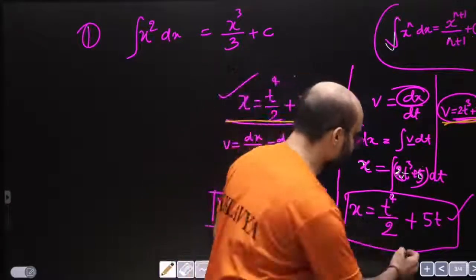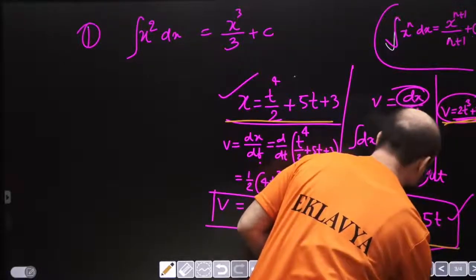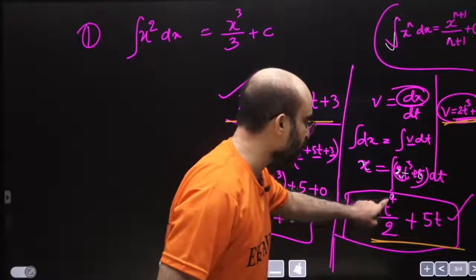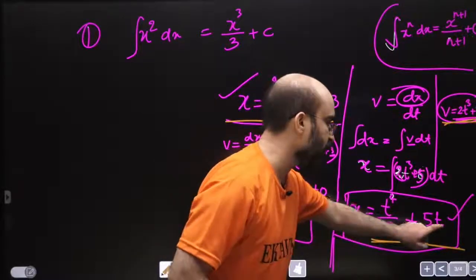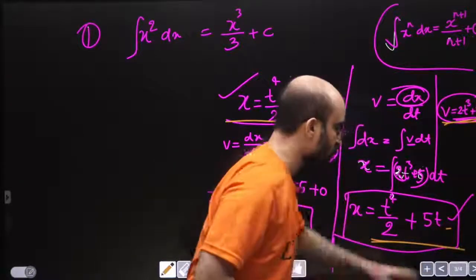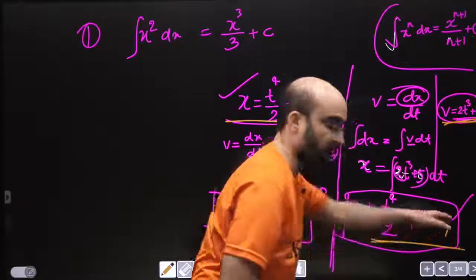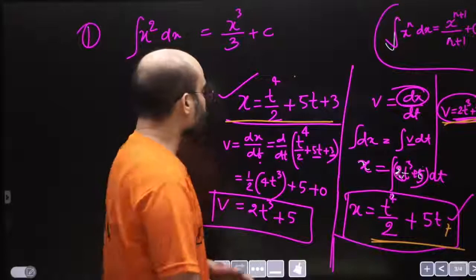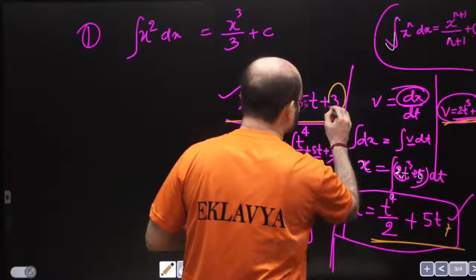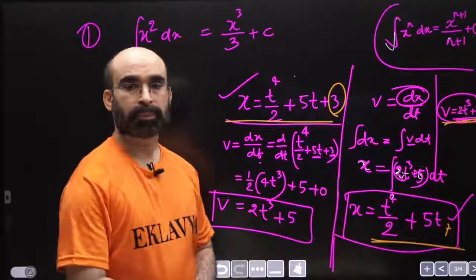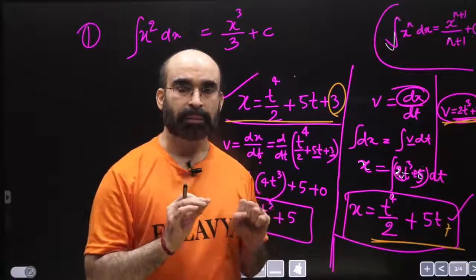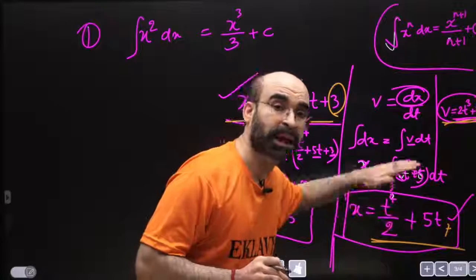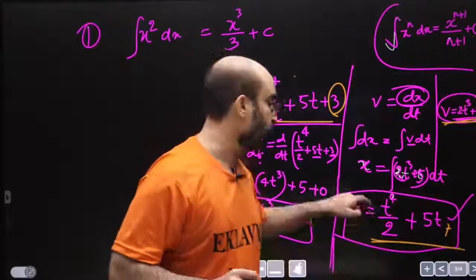But there is a difference. If you see displacement coming out to be t raised to power 4 by 2 plus 5t, there is no constant here, as you can see. So this constant 3 must be there.